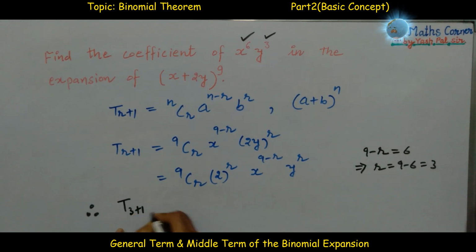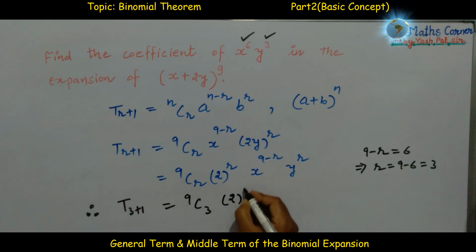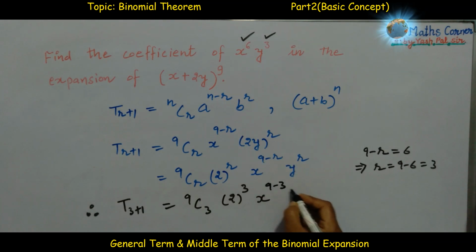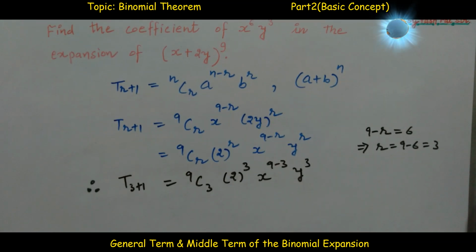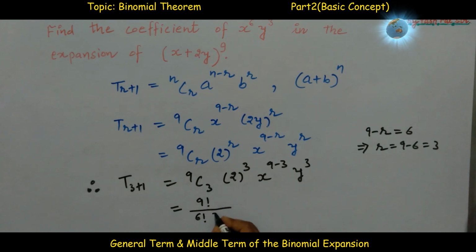t(3+1) is equal to 9C3 into 2 raised to power 3, x raised to power 9 minus 3, into y raised to power 3. Now further solving this, we have 9 factorial divided by 6 factorial into 3 factorial, 2 raised to power 3 means 8, x raised to power 6 y raised to power 3.